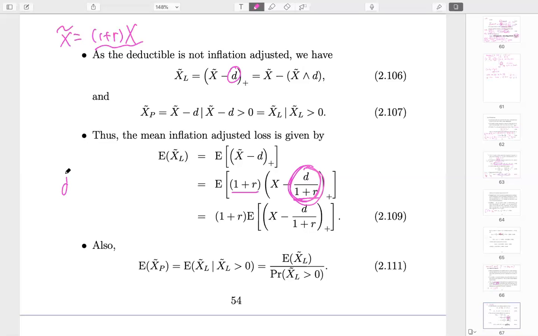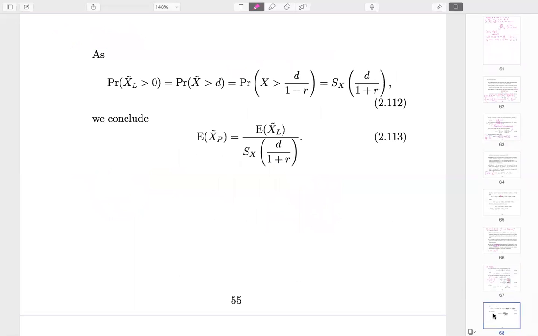The deductible changes as well in this case. Once you have analyzed the expectation for the payment in a loss event, you can do something similar for the payment in a payment event. That part is easy to do. So basically what you do is you use d over 1 plus r to replace d. That's basically what you do.